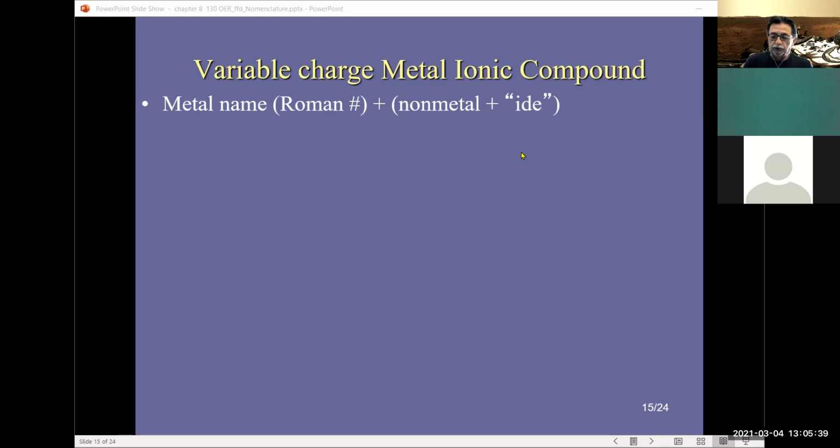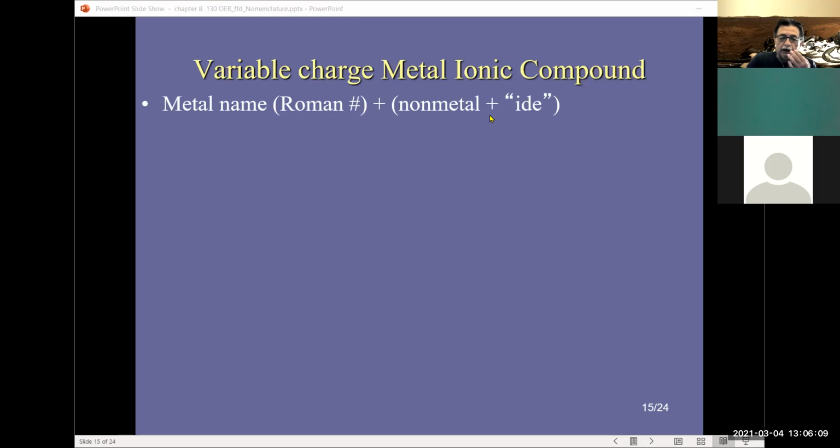Roman numeral I, capital I, represents +1. IX represents +9. Then we continue with the anion, where we change its name and give it the IDE ending. This aspect about the IDE, the anion part, also continues forward when we start talking about covalent compound naming. That part of the naming continues even though they're not ionic.